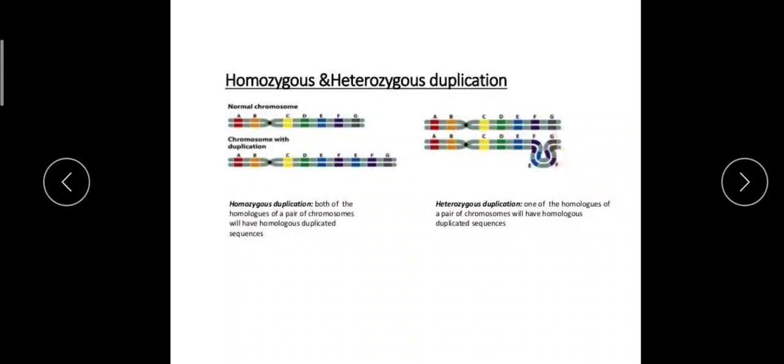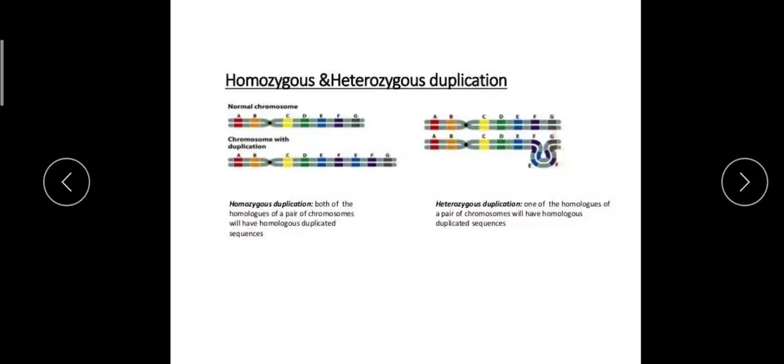A classical example of tandem duplication is the bar eye of Drosophila. The normal eye of female Drosophila is oval, and in case of bar eye, it is an oblong narrow bar. The bar eye has been shown to be due to the duplication of a specific site in the X chromosome of Drosophila, which we call bar locus 16A. This locus contains a dominant allele for normal eye.